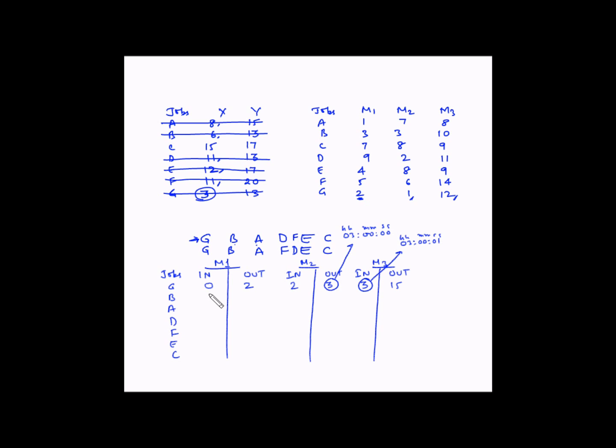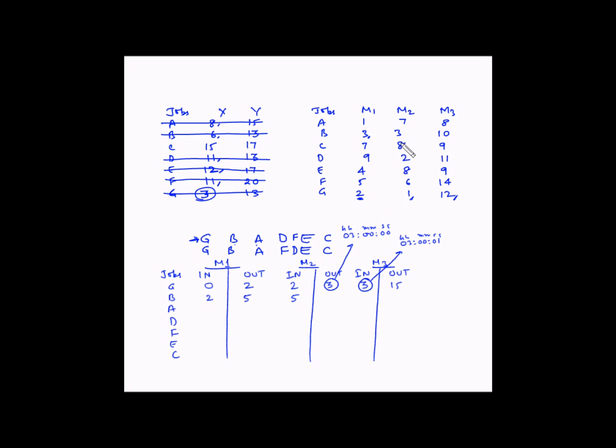So B can be started on machine M1 at the second hour, and B takes 3 hours on machine M1, so 2 plus 3 is 5. Now on M2, though M2 has finished processing G at the third hour, M2 has to be idle till M1 finishes processing B, and then job B can be processed on M2 starting the 5th hour.